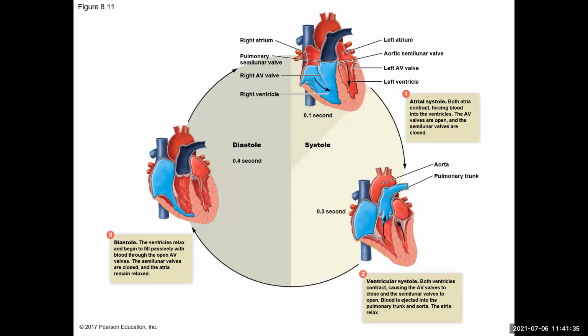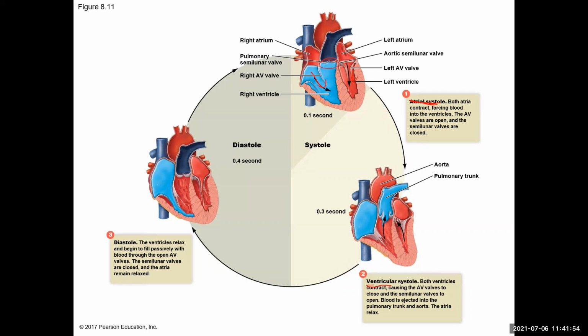And so basically we have this cycle here. So you have your first systole, which is the atrial systole. So both atria are contracting, pushing the blood into the ventricles. AV valves are open, semilunar valves are closed.